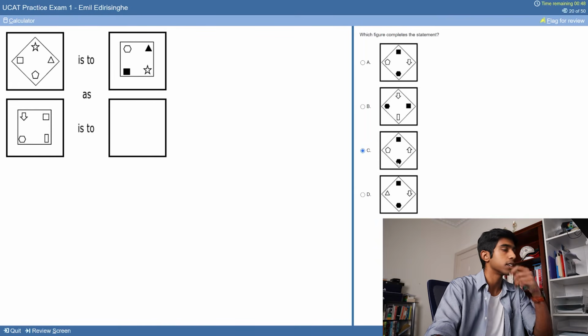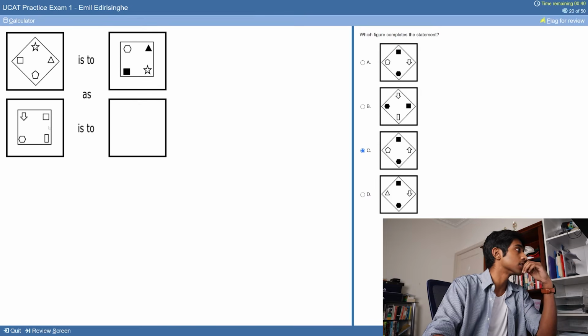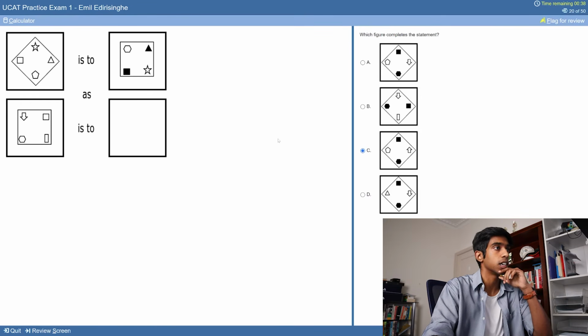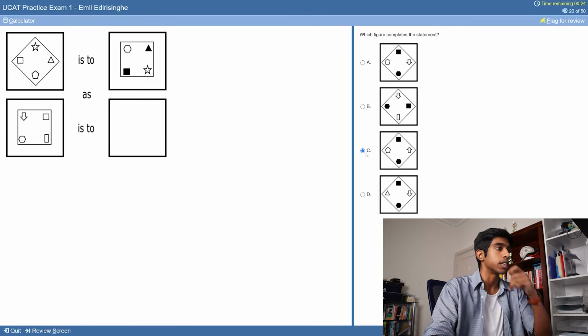So it should be like this. Wait, no. Should be like, oh, and it gains a side. This gains a side as well. So yes, so we'll be C.